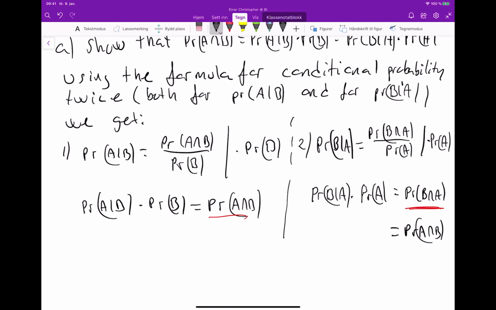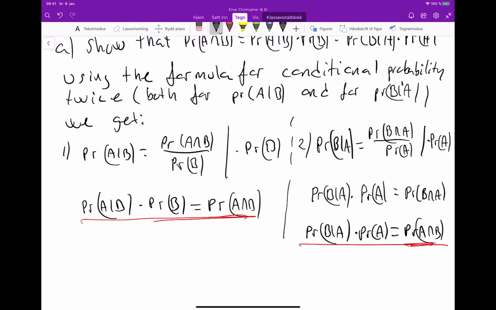Just so no misunderstand here. So then it's very clear that this red, this here, is the same as this here.